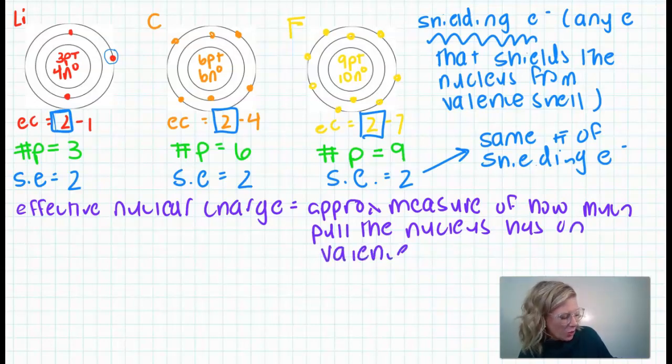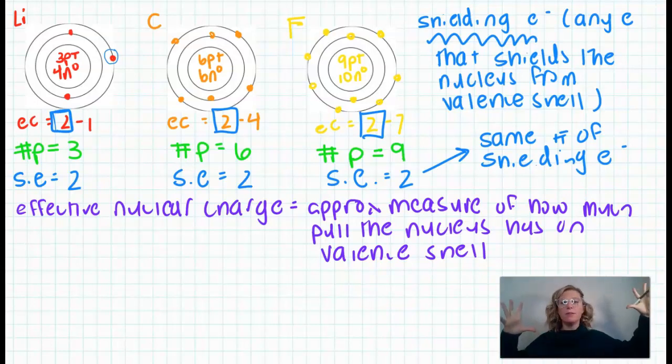Again, what's holding our valence shell to our atom? That idea that the nucleus has the positive charge. Our electrons in our outer shell have to be attracted to the nucleus. How do we calculate effective nuclear charge?